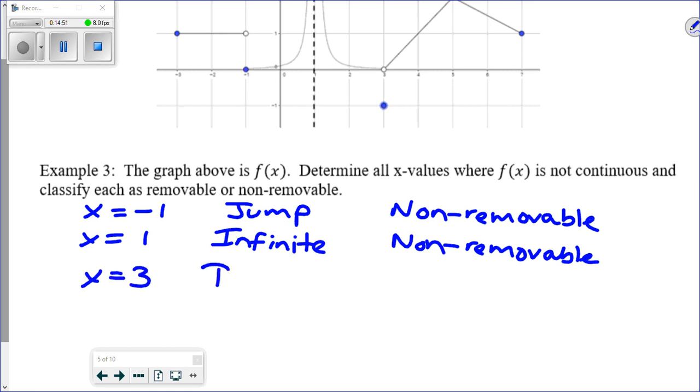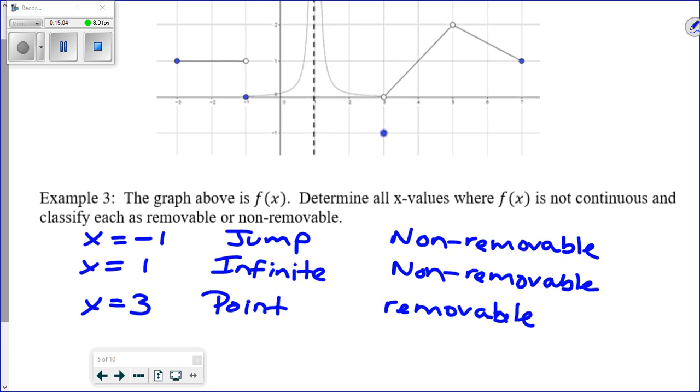Remember, a hole is called a point discontinuity, which is considered removable. And then we also have a hole when x equals 5, which is also a point discontinuity, which again is removable.